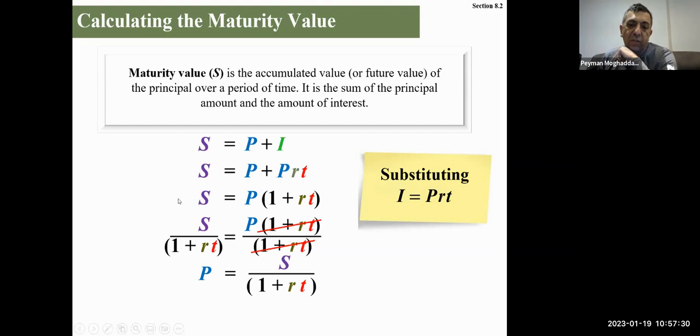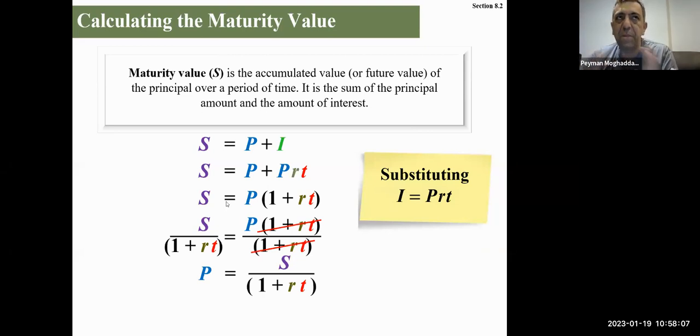What I recommend is you just learn S equals P(1 + RT). You just remember this equation, and then you can use it to find the rest. I don't recommend remembering a lot of formulas. Just one formula, and you can derive the rest from it. The same for I equals PRT.